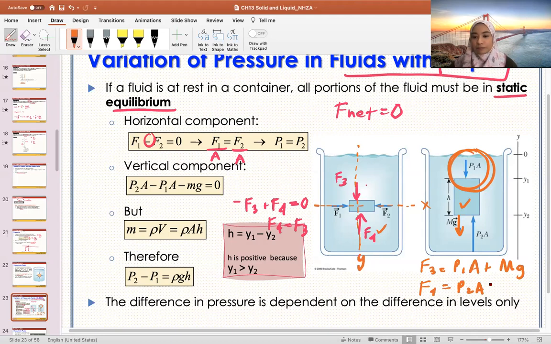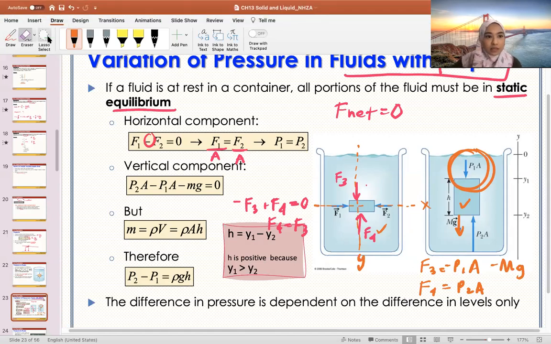Okay. Now, F3 plus F4 should equal to 0. Right? F3 plus F4 should equal to 0. So here, let's say going downwards is negative. So F3 is minus P1A minus mg because F is a vector, right?